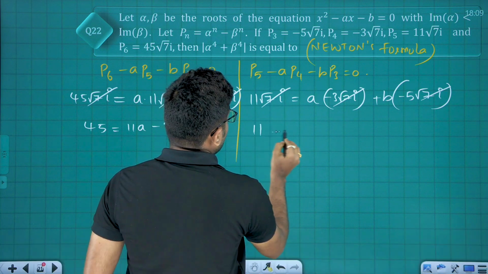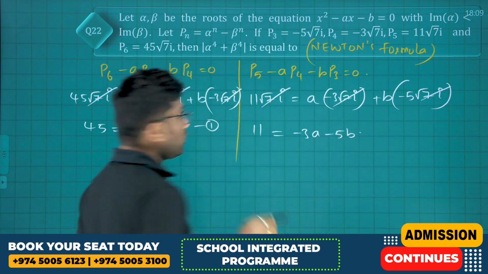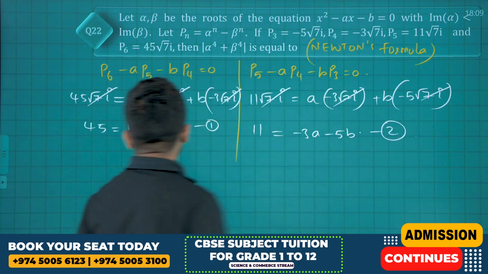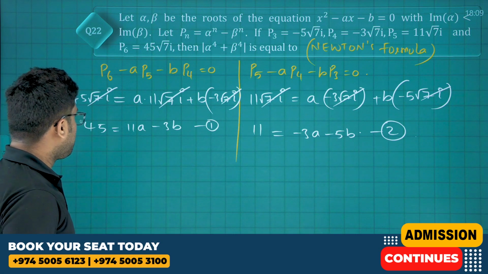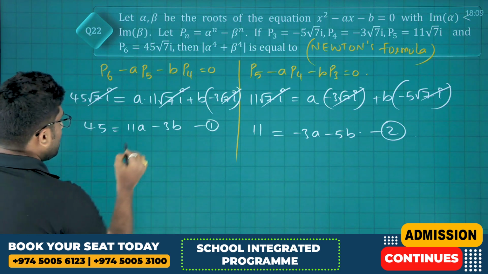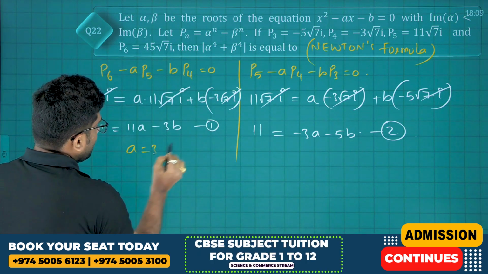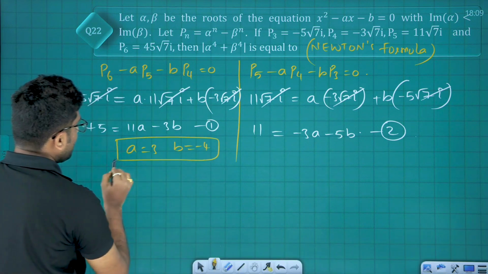So 11 is equal to minus 3a minus 5b. So if you solve these two equations, friends, a is equal to 3, b is equal to minus 4 we get. a is 3 and b is minus 4.